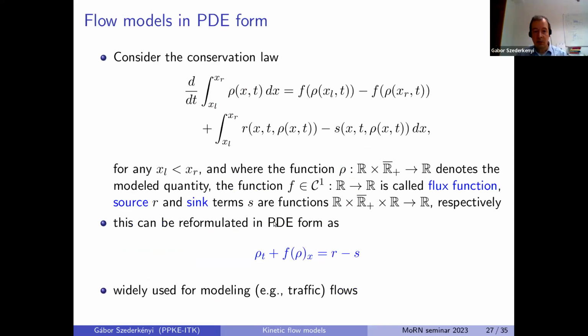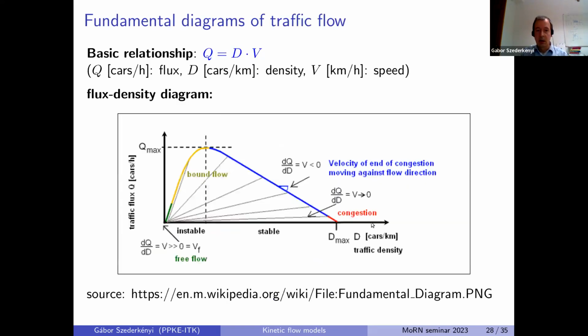So the basic flow equation for traffic and other flows is here. So this is a partial differential equation where rho will be the traffic density, this F will be the flux function, R is the inflow, and S is the outflow from the road.